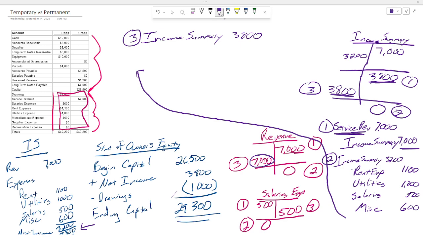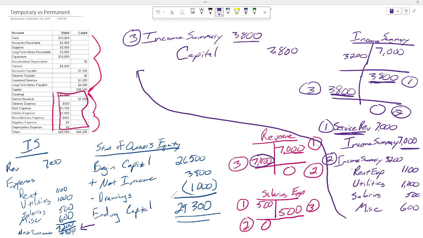Where do I put that? I put it in the capital account. When the business earns money, who actually gets to keep it? Guess what? The owner gets to keep whatever the business earns. That's what this step is doing.